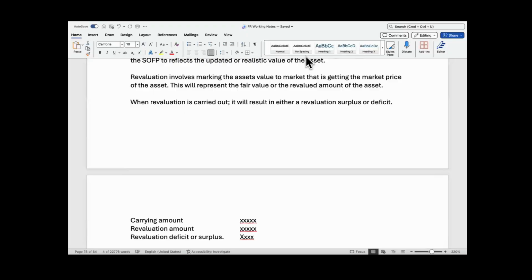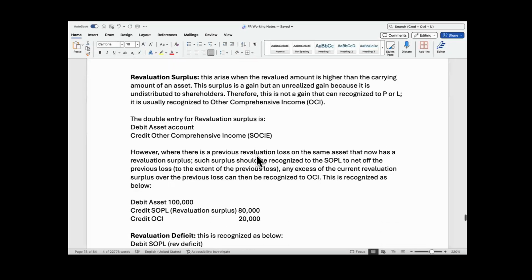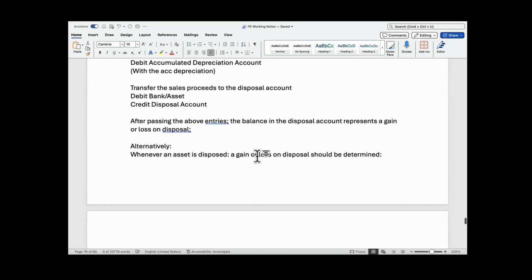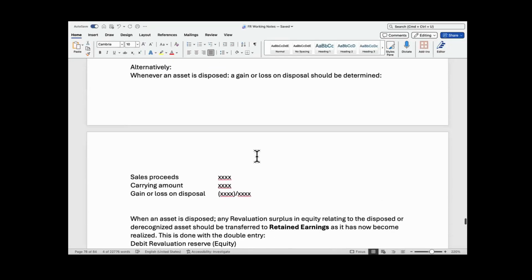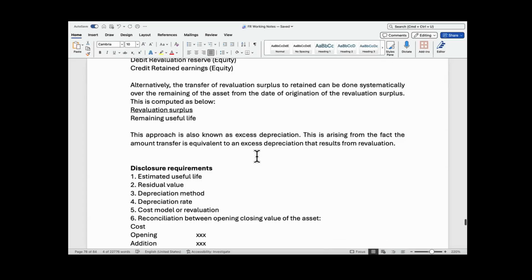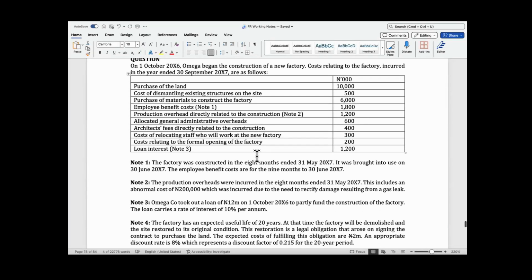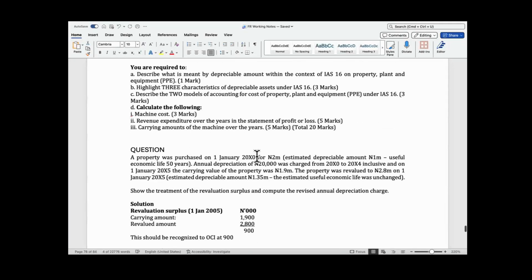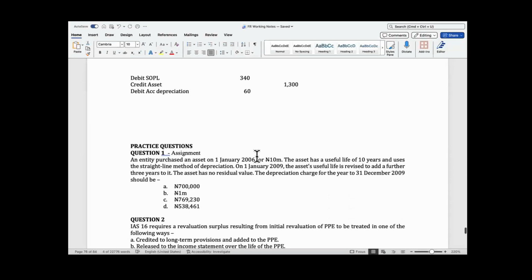When you revalue, we usually have a revaluation surplus or deficit. We looked at the double entries and examples. Then disposal, how to calculate gain or loss on disposal, and disclosure requirements. And we solved some corrections later in the evening. So we did a lot.